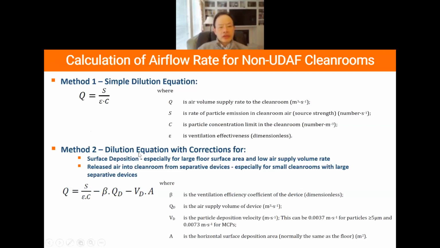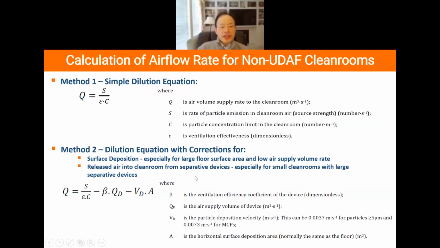Method 2 is the dilution equation with correction factors for two scenarios. One is to consider surface deposition, especially for large floor area, large surface area, and a low air supply flow rate.